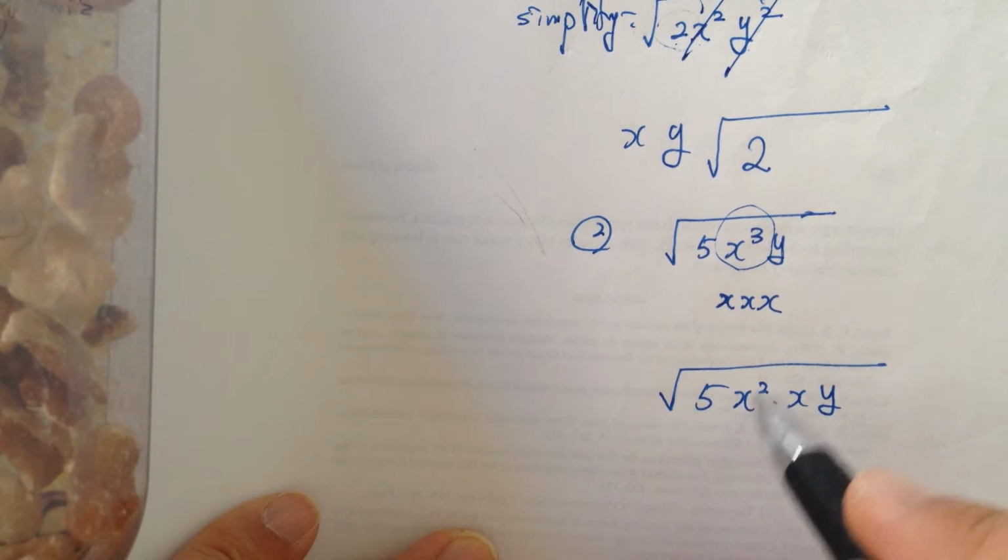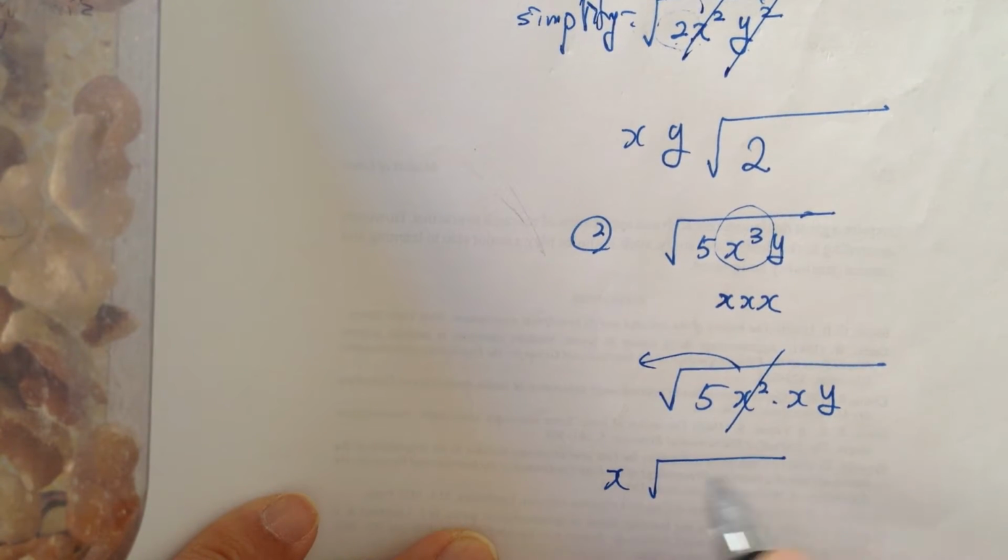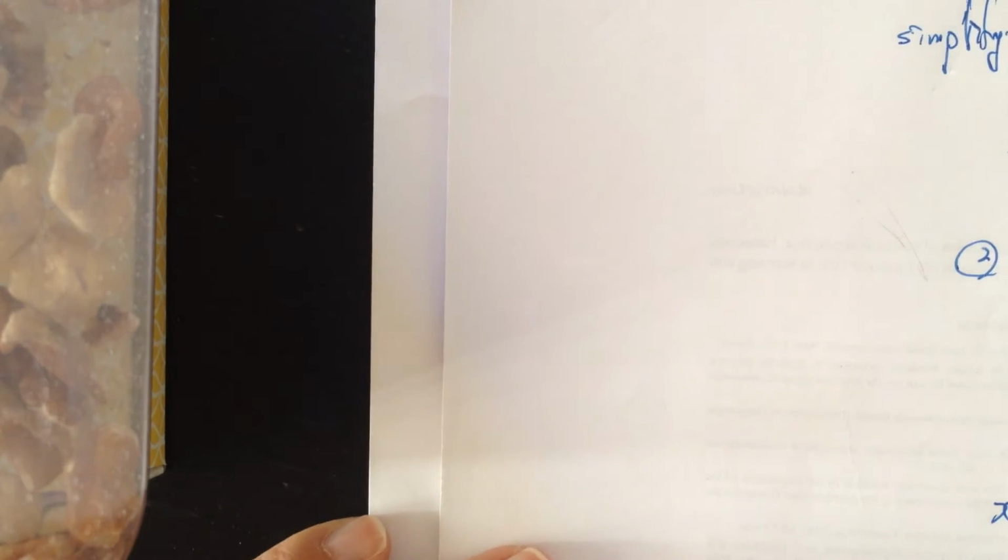So as you could see, x squared comes out. Everyone else has to stay the same. Okay, so understanding that part.